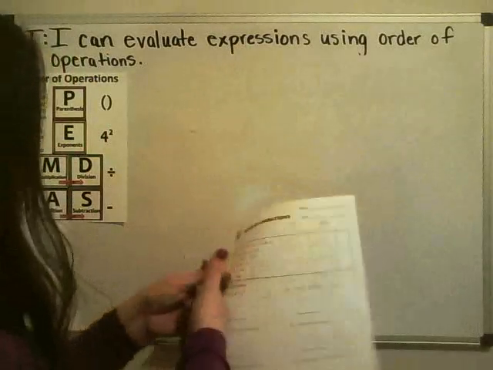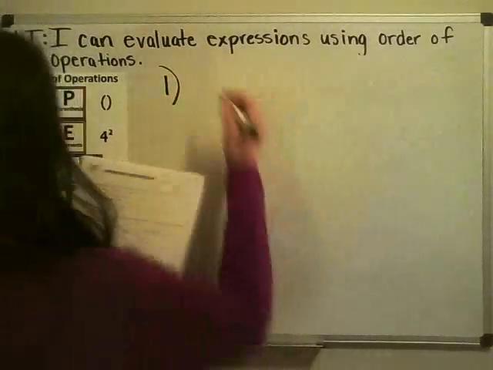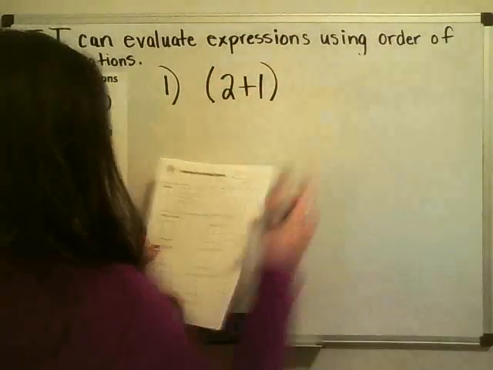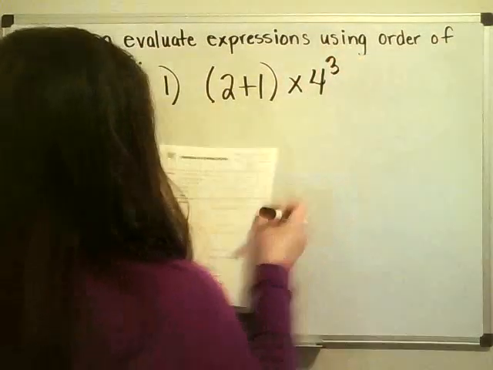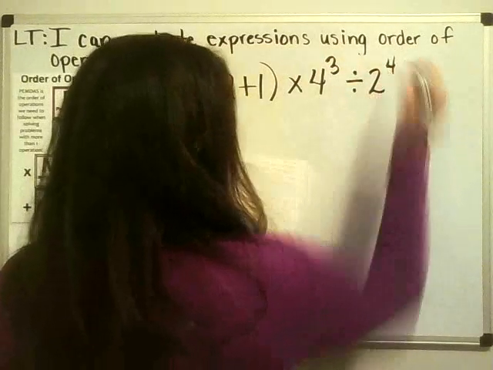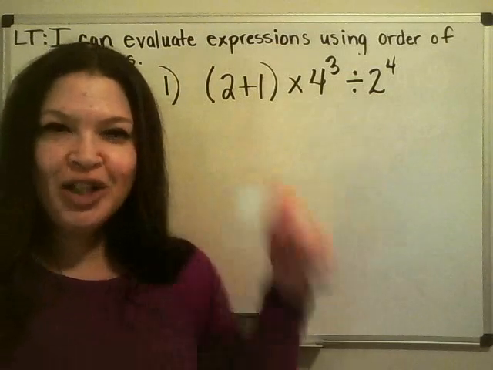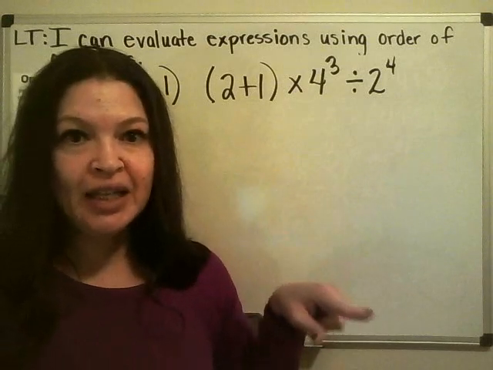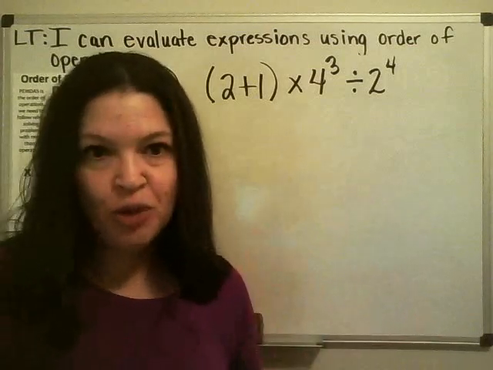Okay, number 1 says, parentheses, 2 plus 1, close parentheses, times 4 cubed divided by 2 to the 4th power. All right, if you need to pause the video and try it on your own, go ahead and do that. And once you've solved it, play the video again so you can see if you got it right. I'll give you a few moments to work.